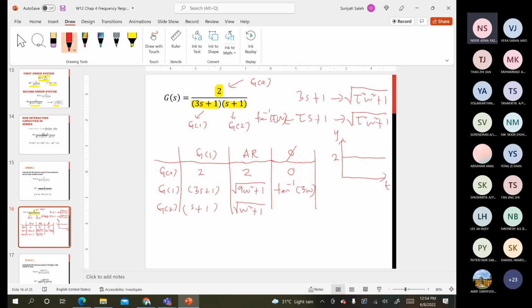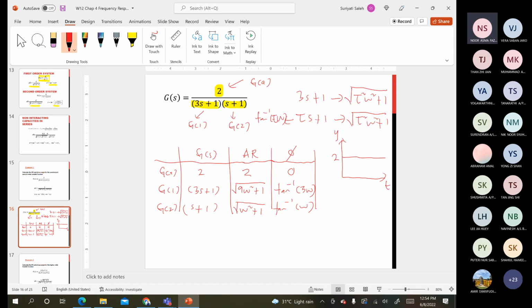This one is the standard inverse tangent tau w, where tau in this case is 3. Only for the amplitude ratio do you have the square. For the angle, you just take the original time constant. And lastly, the s plus 1 contributes the inverse tangent w. It's not going to change in terms of your tau.